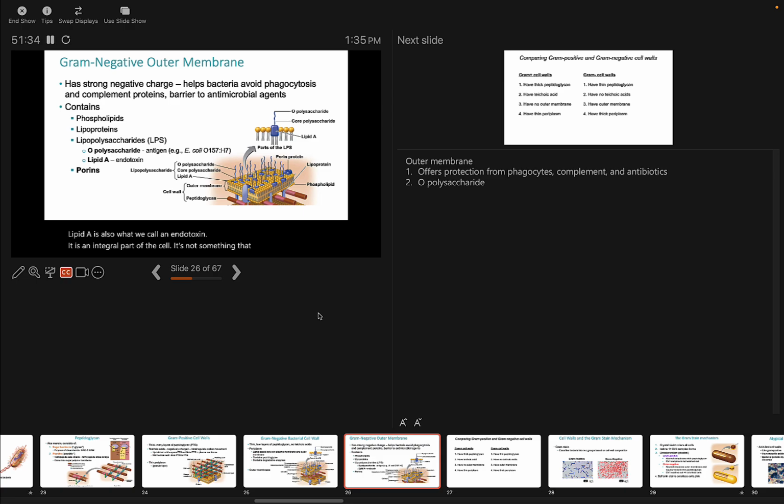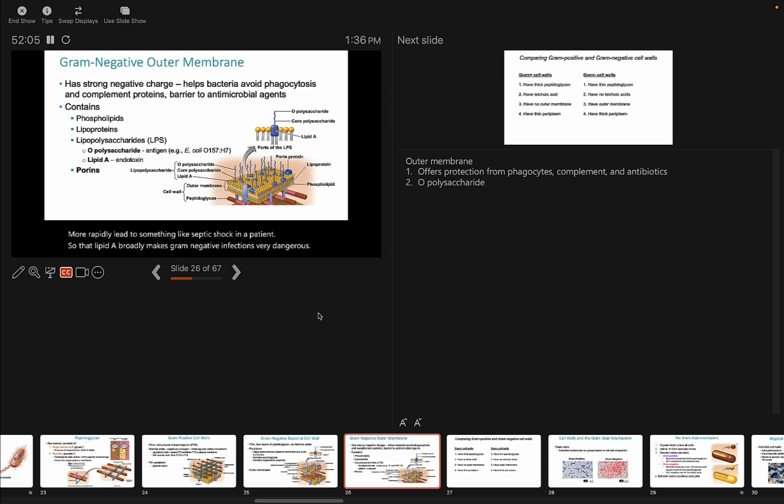But what happens is as the cell replicates or as a cell dies, it can release little pockets of LPS and therefore little pockets of lipid A, which overstimulate the immune system and can more rapidly lead to something like septic shock in a patient. So that lipid A broadly makes gram-negative infections very dangerous.